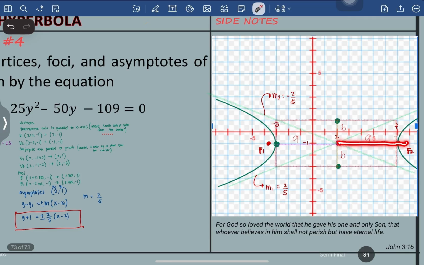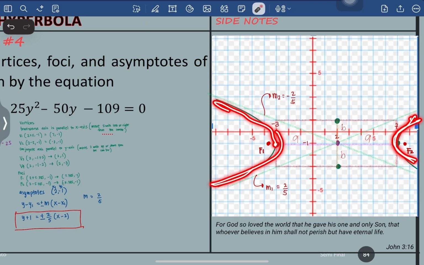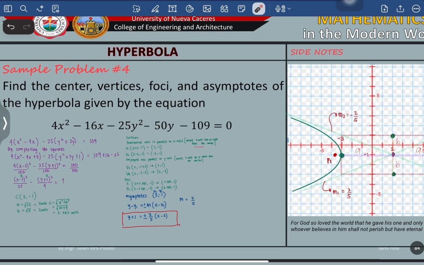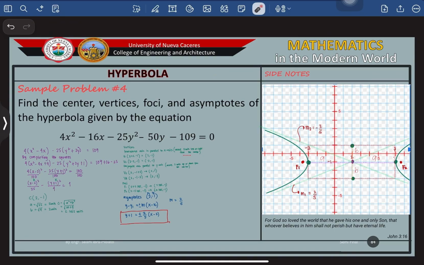Kaya mag-a-add ka or subtract ng 5.385 sa x coordinate ng center. Then yung dalawang curves, kukonect mo na. Dadaan siya dun sa vertex, dalawang curve na opens horizontally. So that ends our discussion for hyperbola. See you, class.